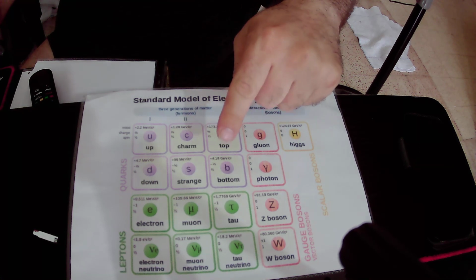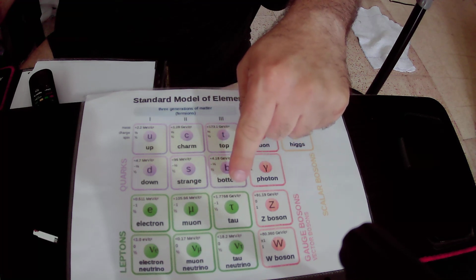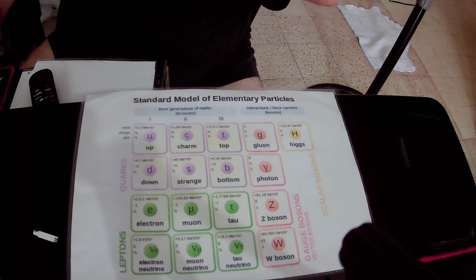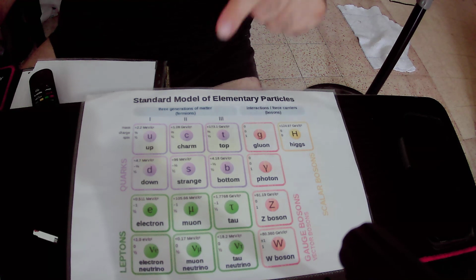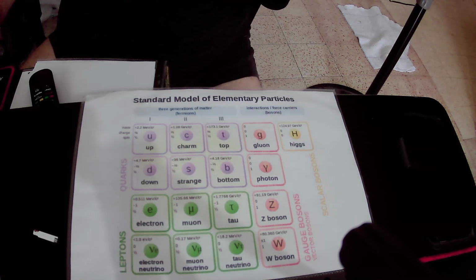So the particles in the green color, we have 6 leptons, that is to say fermions, which don't react to the strong force. So the leptons don't react to the strong force, that is the force that binds the protons together in the nucleus of the atom.